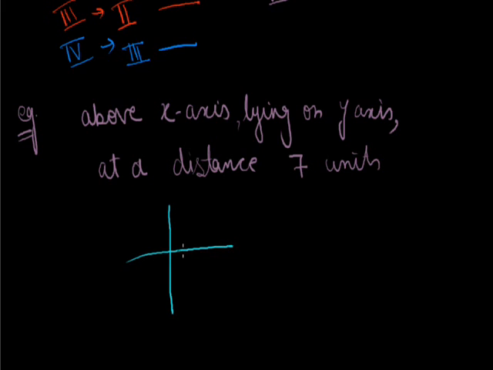Clearly, the point is above the x-axis, that means in the first or second quadrant. It lies on the y-axis, that means in the y direction, and it is at a distance of 7. So if this distance is 7, the point P is the required point, and its coordinate will be 0 and 7.